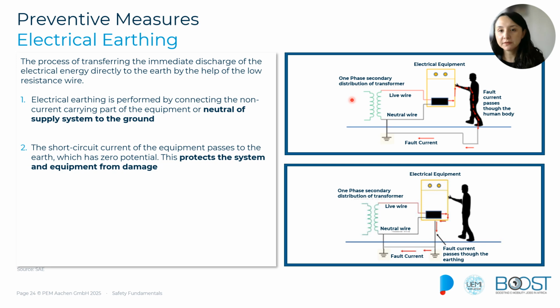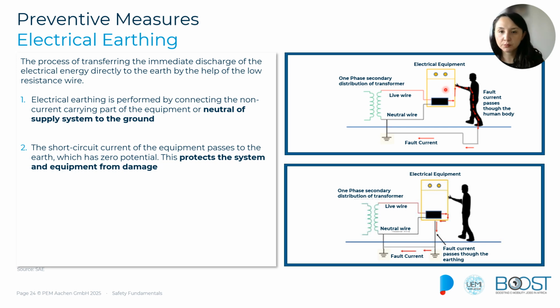To exemplify that a bit better, let's imagine that there is a worker and this worker accidentally touches a live wire, for instance, accidentally touches this electrical equipment over here.